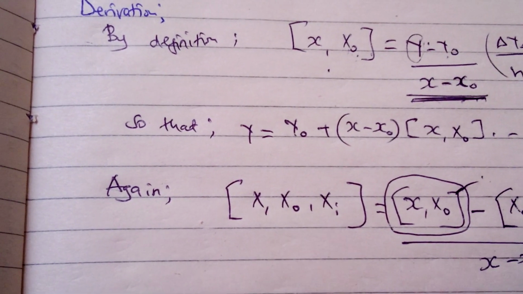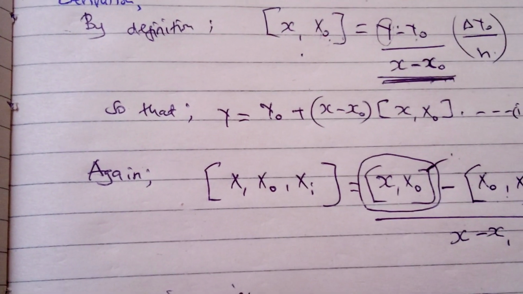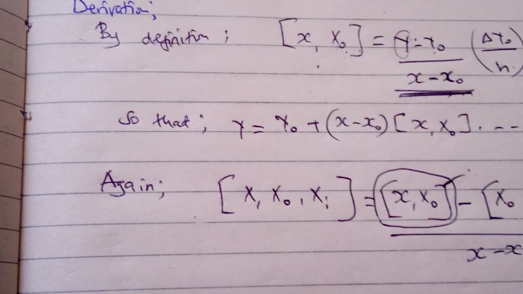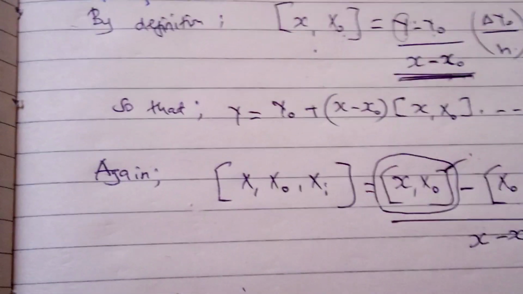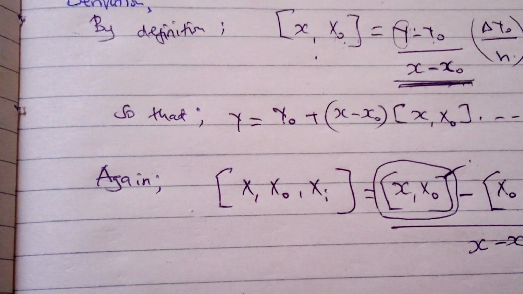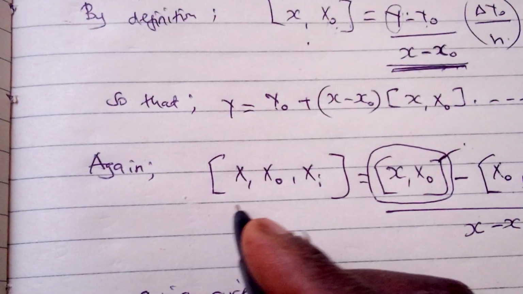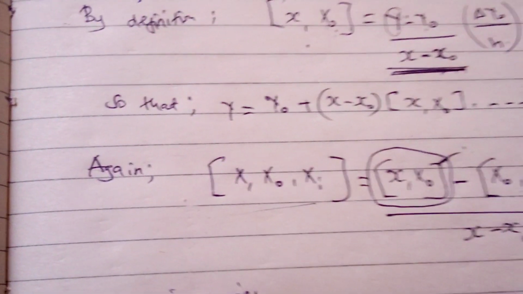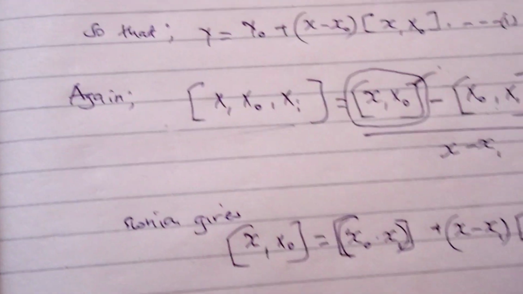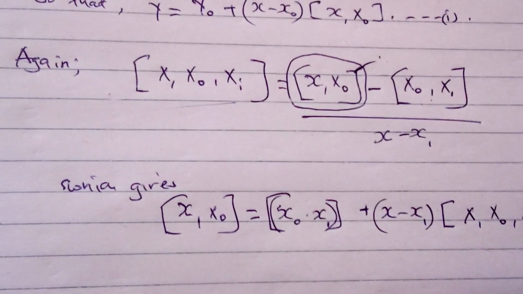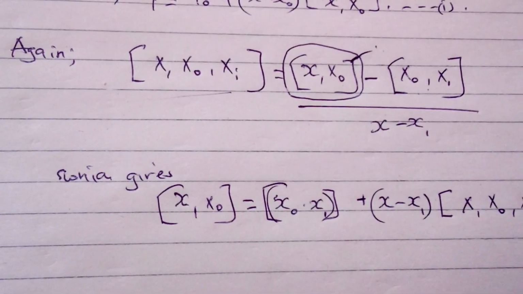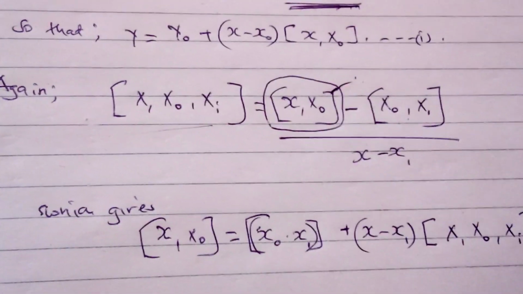So this one, it is plus x minus x1 multiplied by x, now this one, x, have x naught and x1. So this one will be our equation number 2.